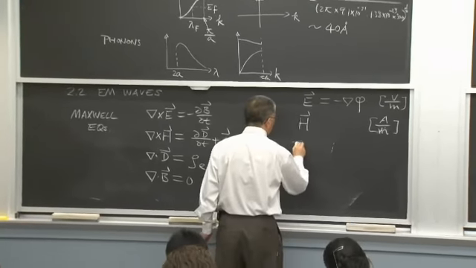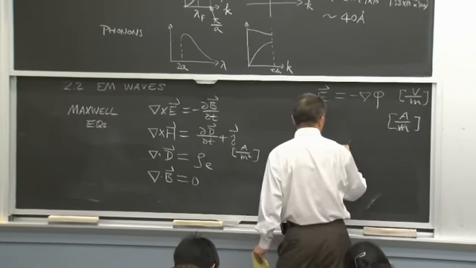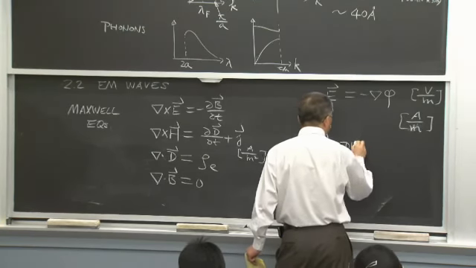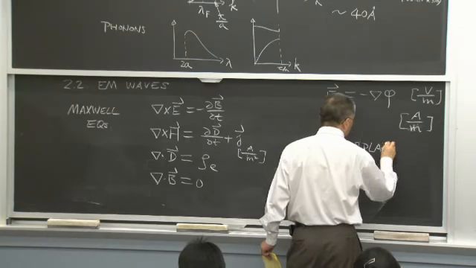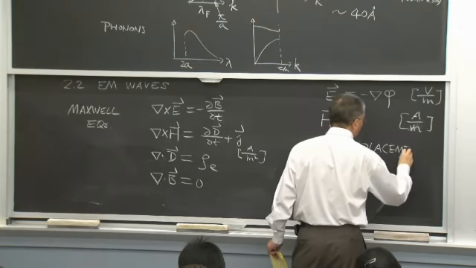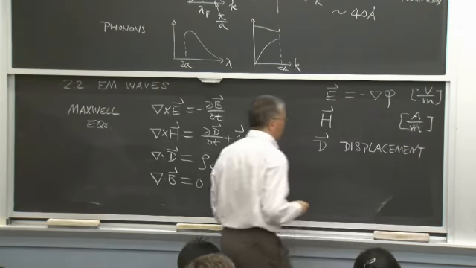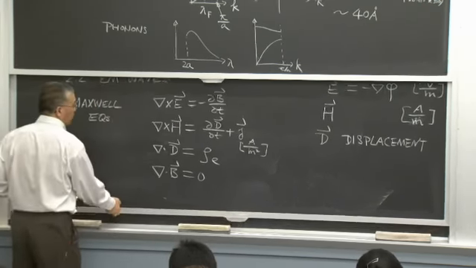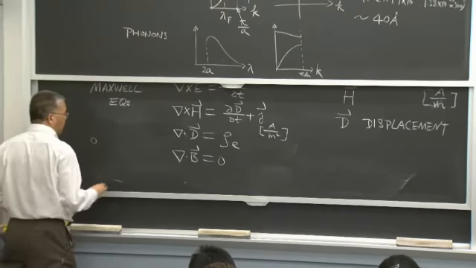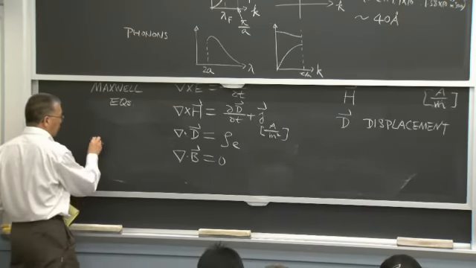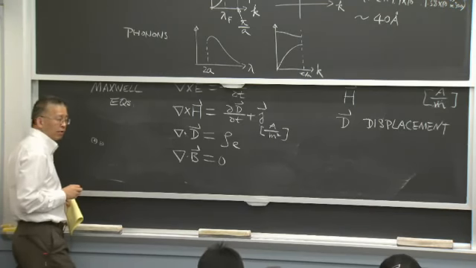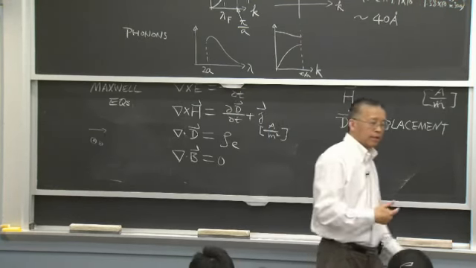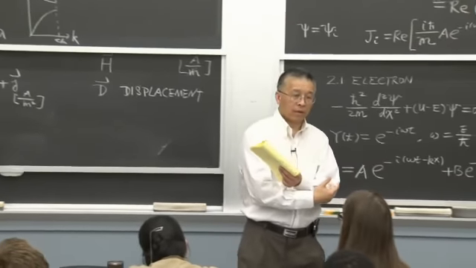And D is the electrical displacement. What it means is if you have a material, right, you have atoms. Atoms have electrons, ions, right? If an electric field comes in, you know that they will get polarized, right?